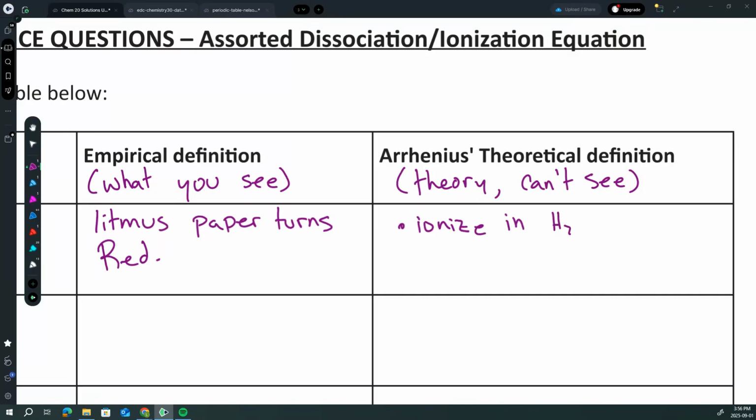So ionize in water to produce H plus ion and an anion. I can't say a specific anion because it just depends on what the hydrogen's paired with.